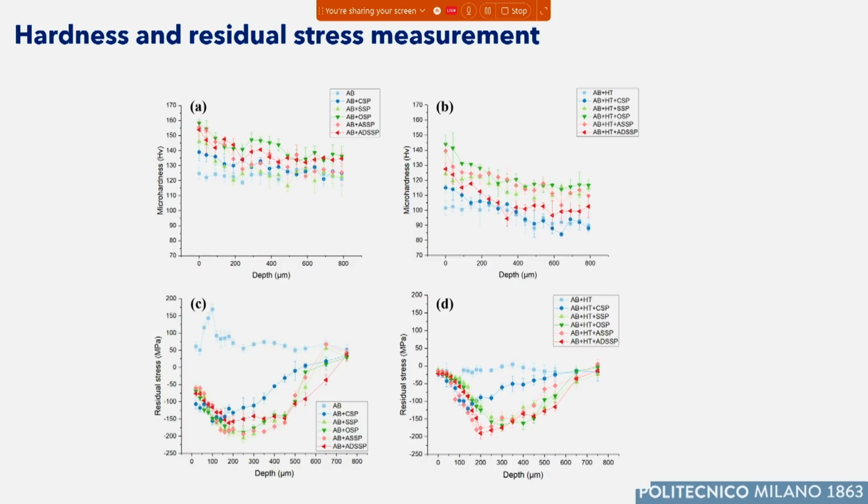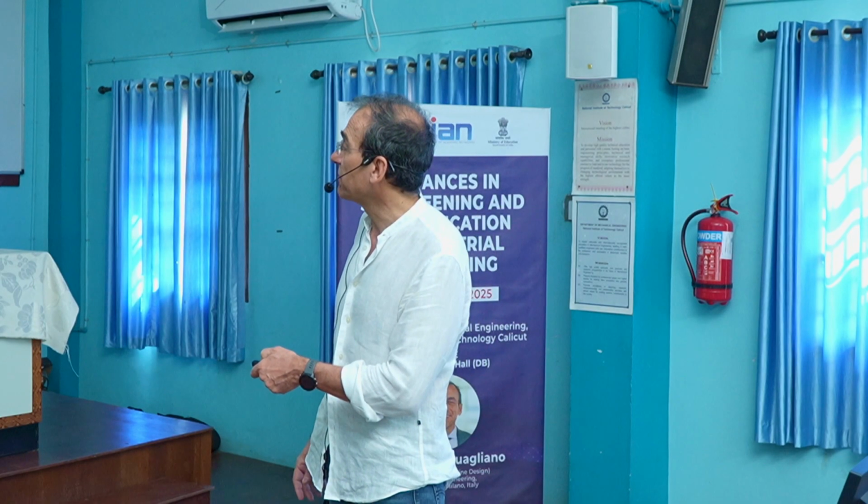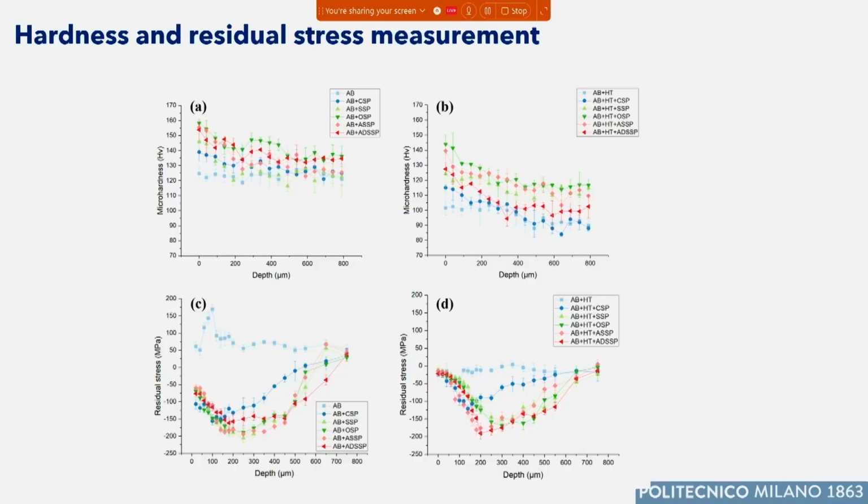So with this pressure variation with time, we are not losing anything with regard to microhardness and residual stresses. The same comment can be maintained, with different values of course, if we perform any treatment before the shot peening treatment.